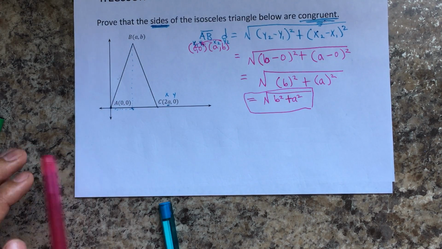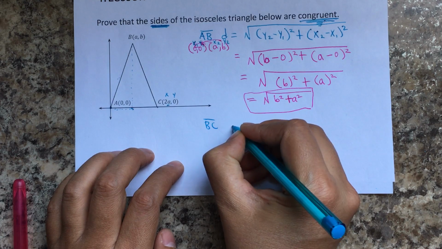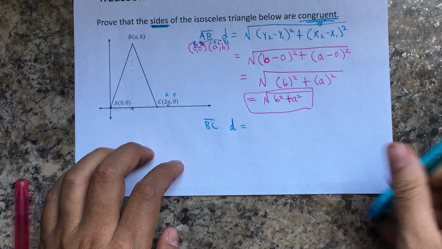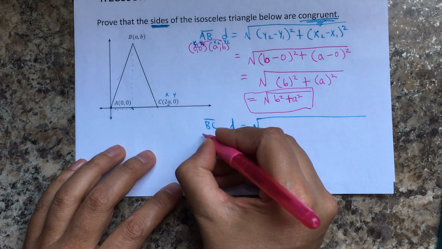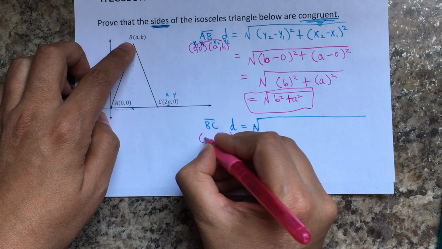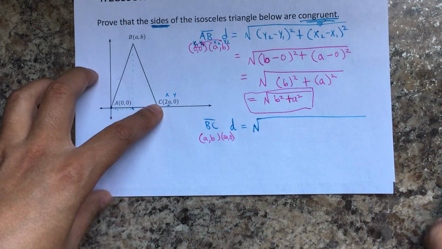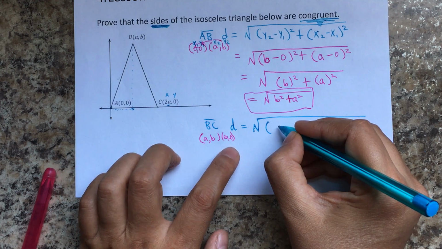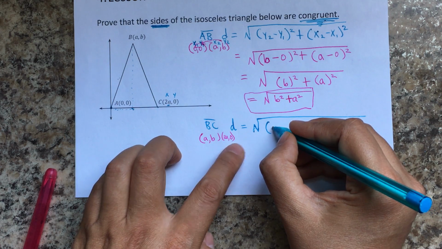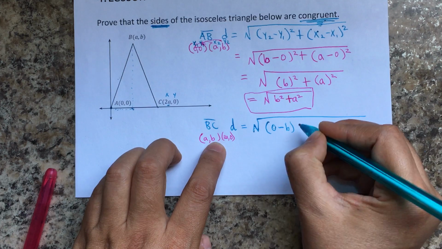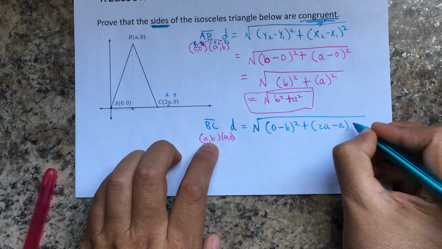Now let's do side BC. The distance is the same formula, so I'm just going to apply it. Point B is (a, b) and point C is (2a, 0). So it's 0 minus b squared plus 2a minus a squared.